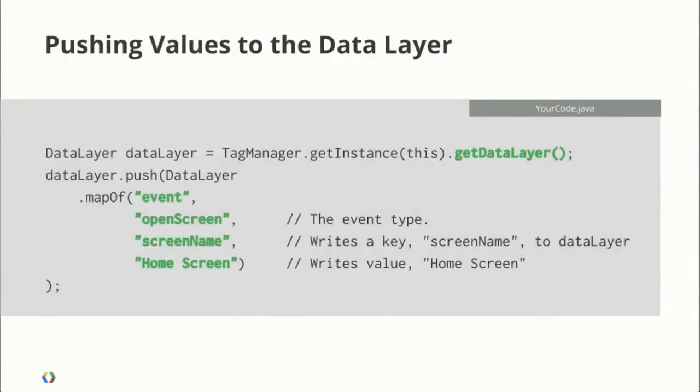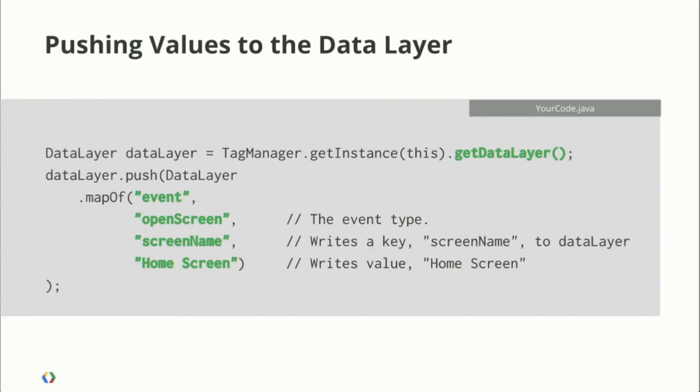As an example then, you might want to push an event when you open a screen. So every time you go to a new screen or new activity, when you open a dialog, something like that, push an event that says this is happening. You can add additional data, as we have here, like which screen name is it? And that'll be useful when you get to the actual tag so that you can specify that screen name.